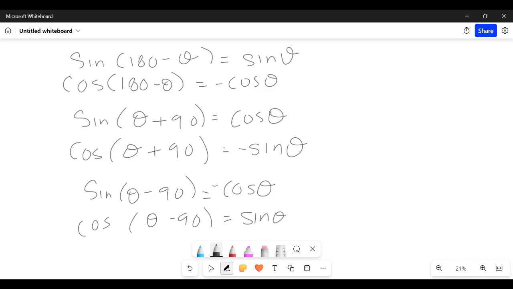Okay, yes, you need to know all of these. Now we're ready to start the questions. Question number 1 of the worksheet. I'll send you the worksheet after the class.